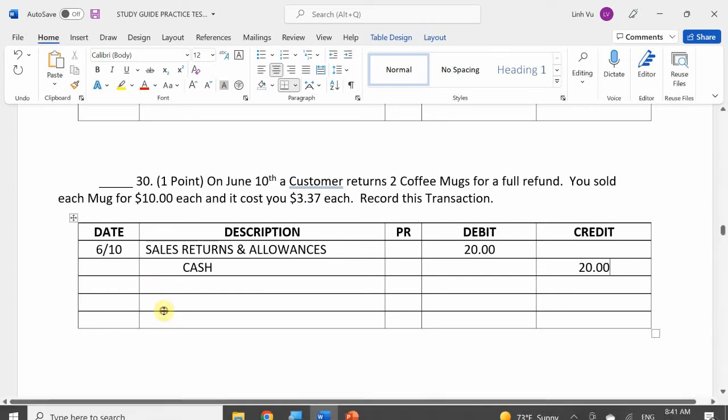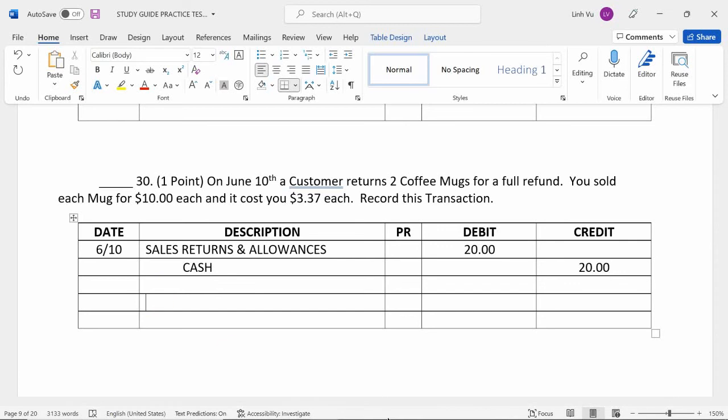I'm giving them $20. Now in this case, since they're giving me back my product, I need to update my inventory once again because this is going to go back into my inventory. So, coffee mugs, okay? And what else?